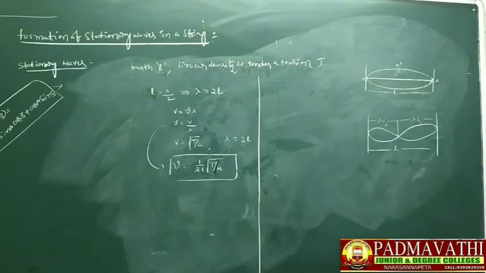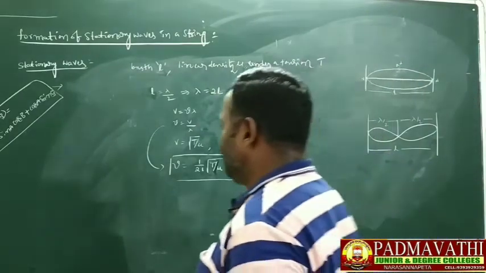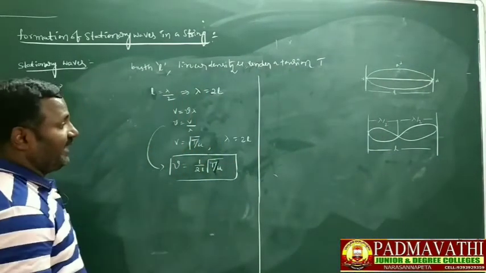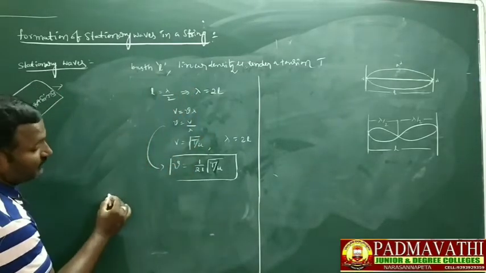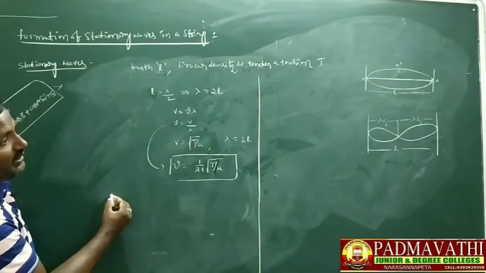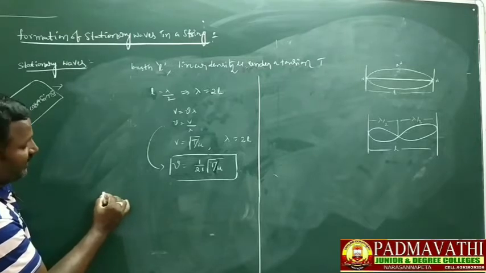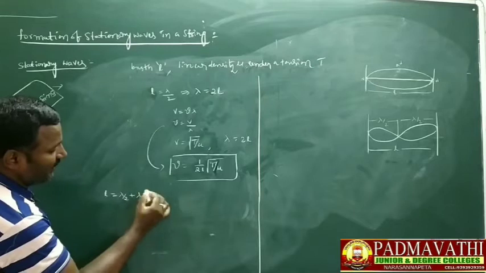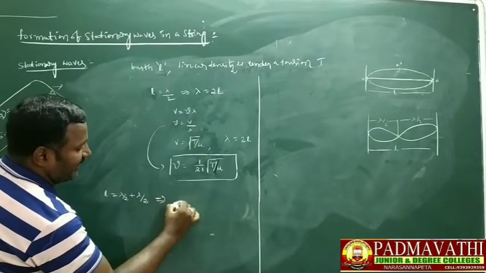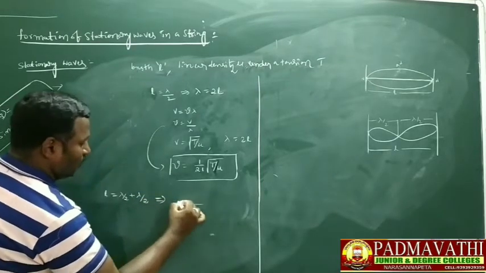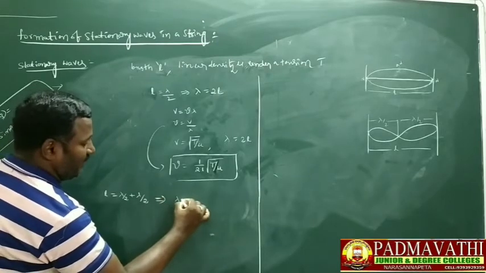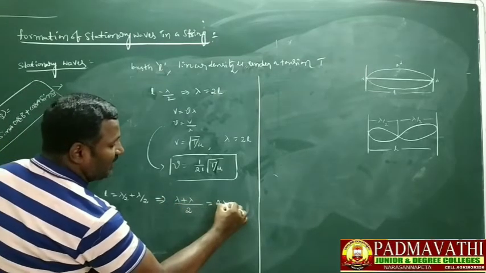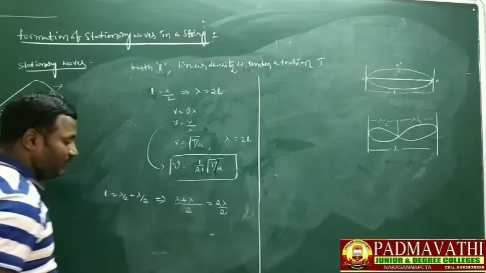Now we discuss the second harmonic. L equals lambda by 2 plus lambda by 2. Taking LCM 2, lambda plus lambda, that equals 2 lambda by 2.